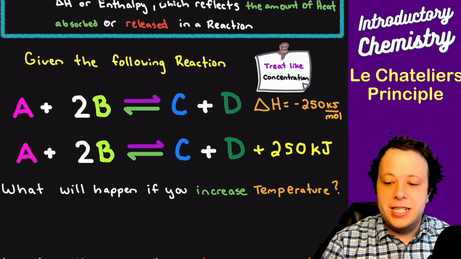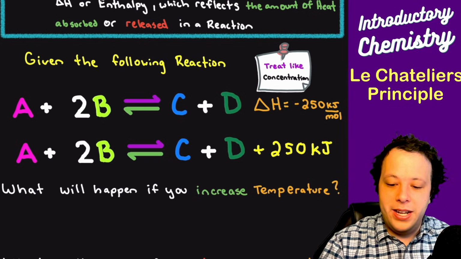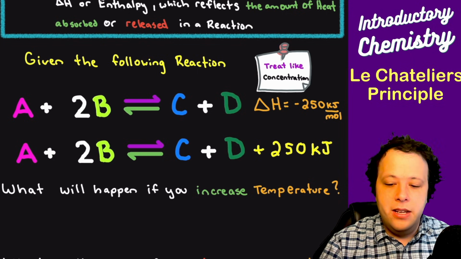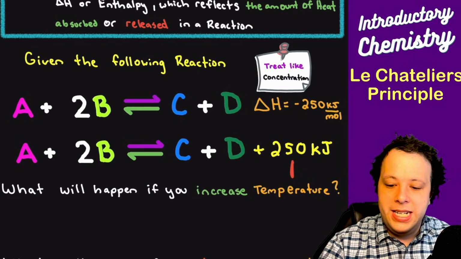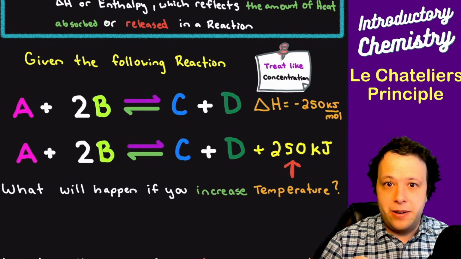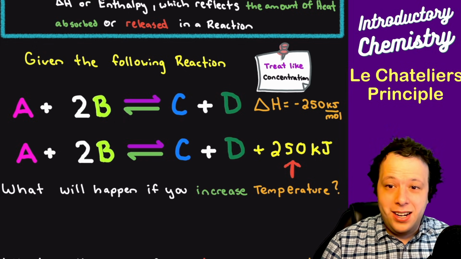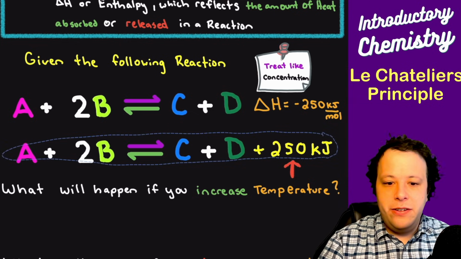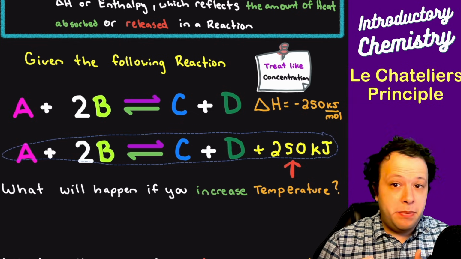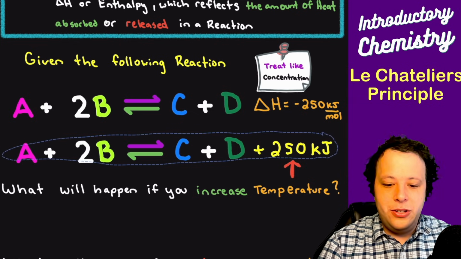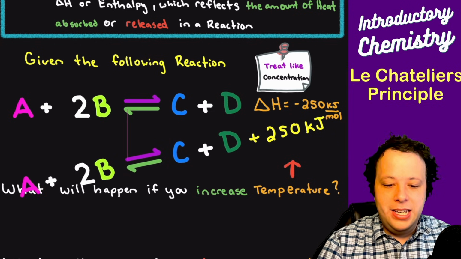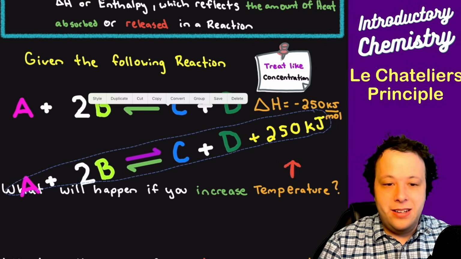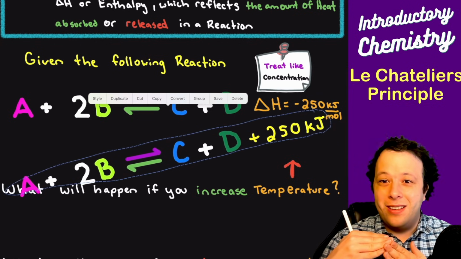So in this case, if I increased more energy, so increasing heat, that means you're going to be raising this side up as a result. So it's going to get a lot hotter. When that's getting hotter, what is it going to be doing? We're going to be shifting that reaction to respond to that. It's going to shift the reaction in the other direction, just like how we did earlier with concentration.